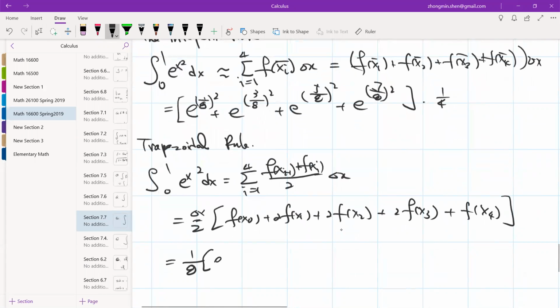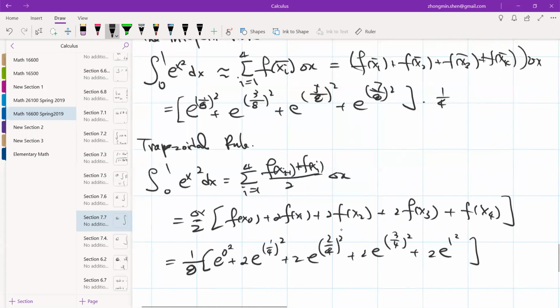f of 0 is going to be e to the 0 squared, e to the 1/4 squared, e to the 1/2 squared. Okay, so I want to see something like that. You put all the details.